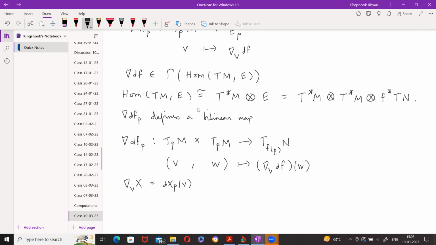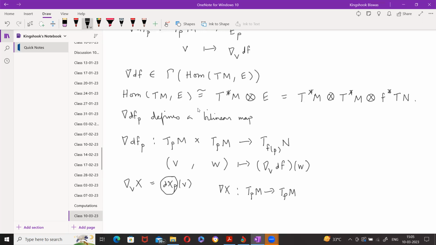Look, first of all, on the right-hand side, dX_P is not well defined. There is no such thing as dX_P for a vector field on a manifold. What you have is nabla X. This is a linear map from T_P M to T_P M. Okay, this makes sense. That's all you have. There is no such thing as dX_P.